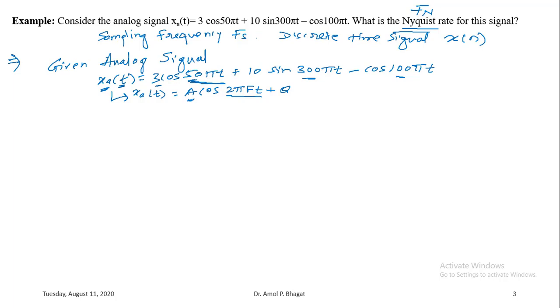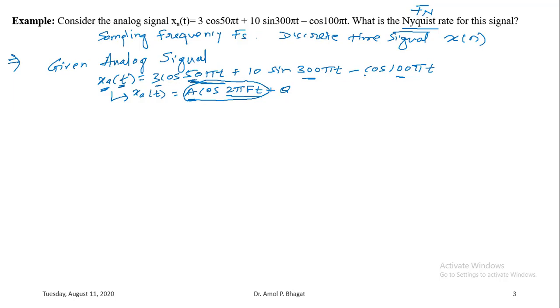But in place of this single term A cos 2 pi f t, the first term contains 3 cos 50 pi t plus 10 sin 300 pi t minus cos 100 pi t. So basically instead of a single term there are three different terms. The first term is 3 cos 50 pi t, the second term is 10 sin 300 pi t, and the third term is minus cos 100 pi t.